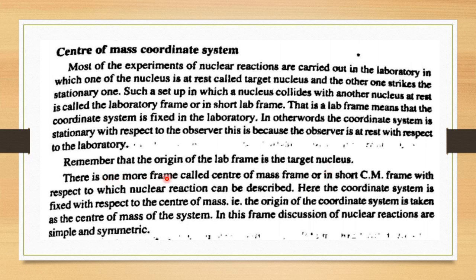There is one more frame called the center of mass frame, in short CM frame, with respect to which nuclear reactions can be described. So the second method is by the center of mass frame. The coordinate system is fixed with respect to the center of mass, that is, the origin of the coordinate system is taken as the center of mass of the system. This we are going to discuss.